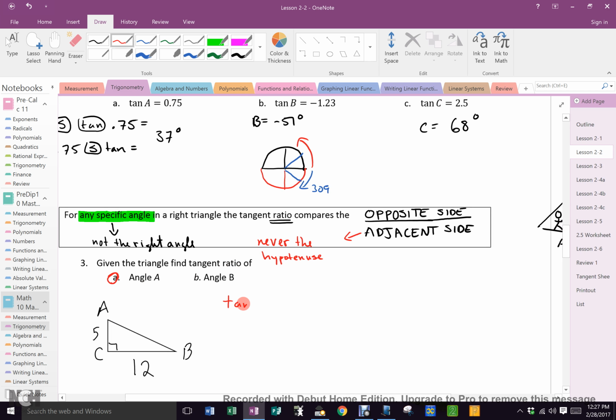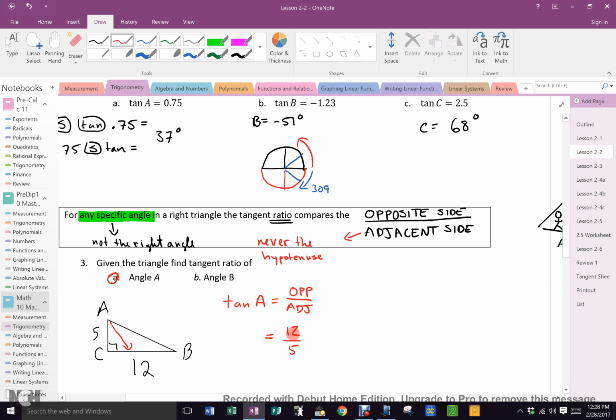And tangent is always opposite over adjacent. Yes? So let's put some numbers in there to make a ratio. What is opposite of A? 12, because it's across the way. So 12 goes on top. What is adjacent? 5, because that's beside it, but not the hypotenuse.